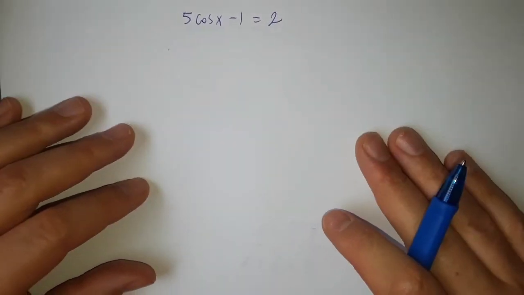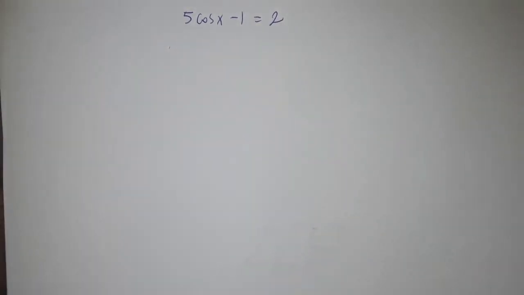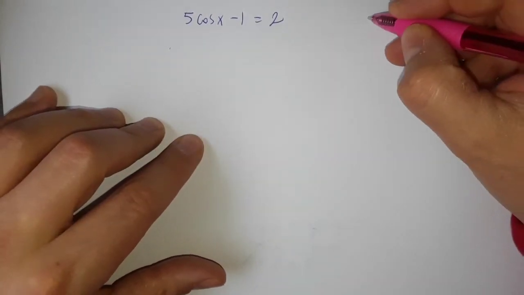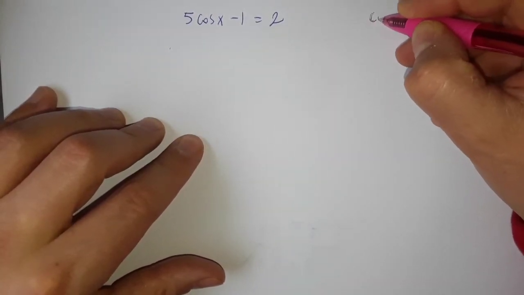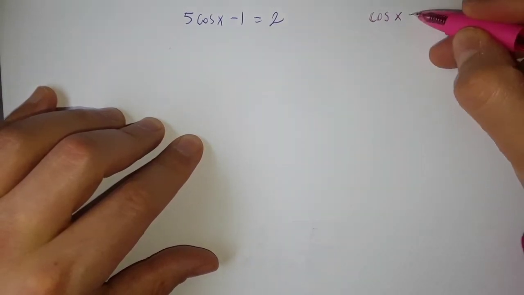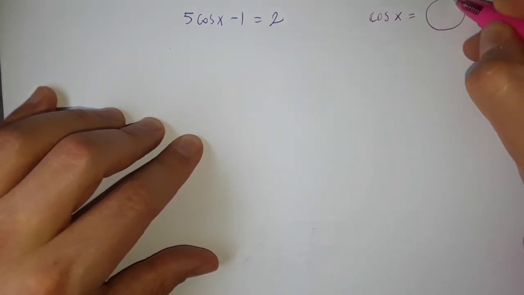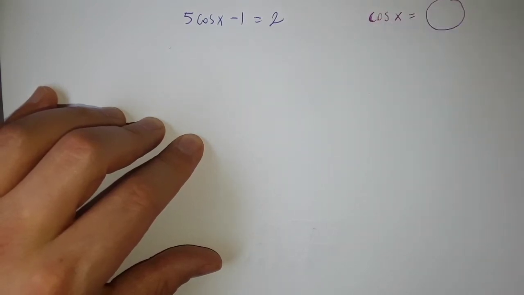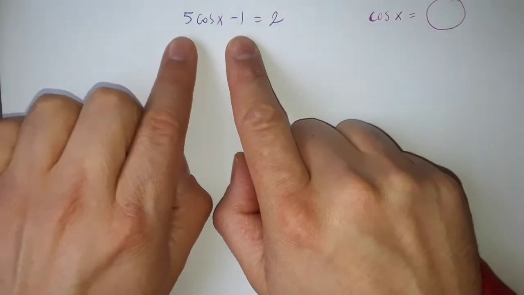Okay, now we have to know what's the next step. What we're trying to do with these trig equations is to have something like this: cosine of x by itself equals something on this side. So cosine of x alone by itself. So what is annoying here?